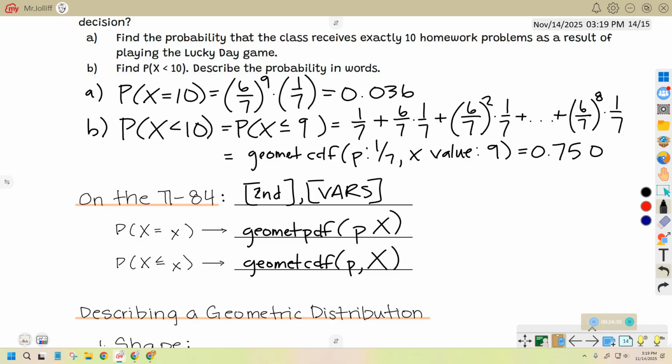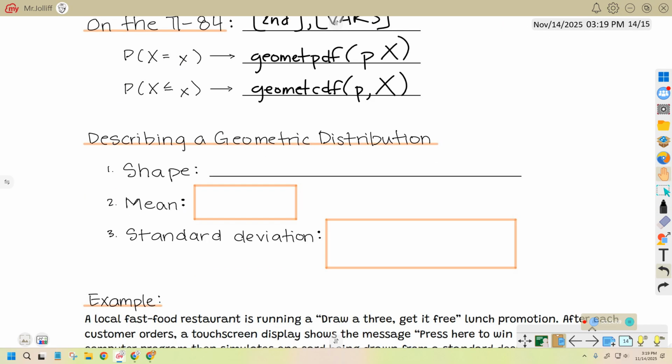All right, so let's talk about how we describe these distributions. When we're describing distributions, we use 3 of the 4 letters from SOCS. We skip the O. We don't look at outliers. But what do we look at? Shape, center, spread. Very good. And we know for probability distributions, mean for center, standard deviation for spread.